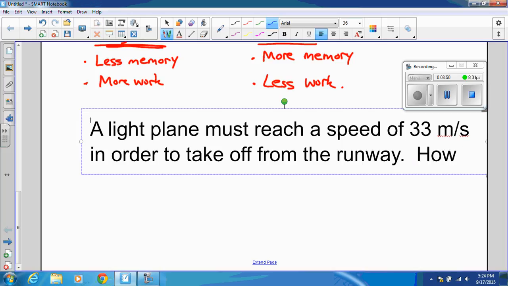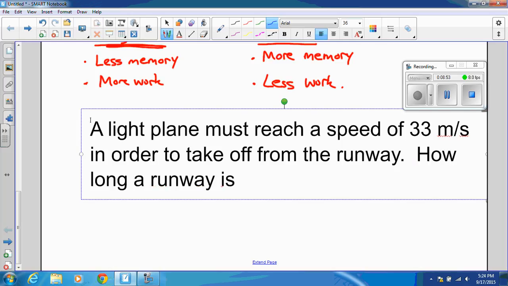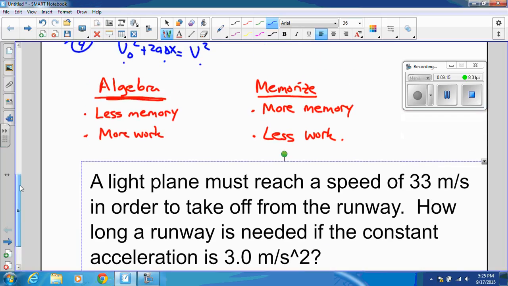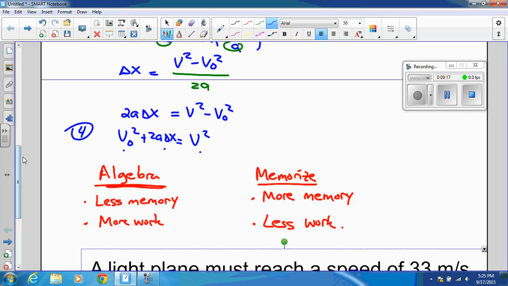How long a runway is needed if the constant acceleration is 3.0 meters per second squared? Now in class we solved this problem with two equations and two variables. But I want to show you that our new equations can solve the whole thing really quickly.